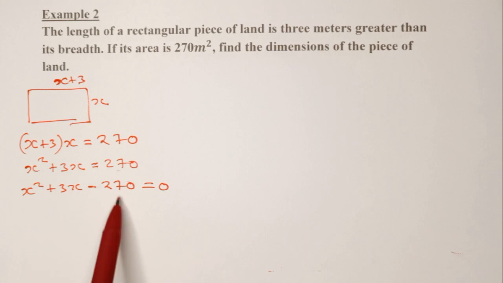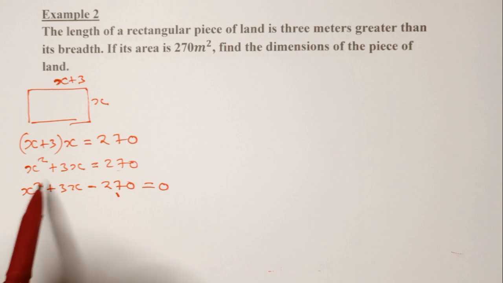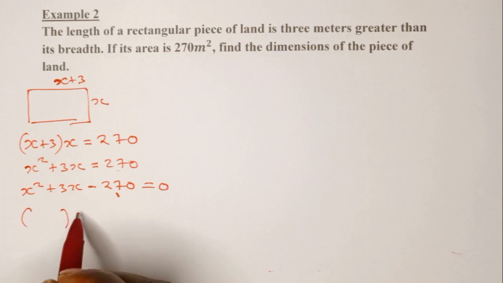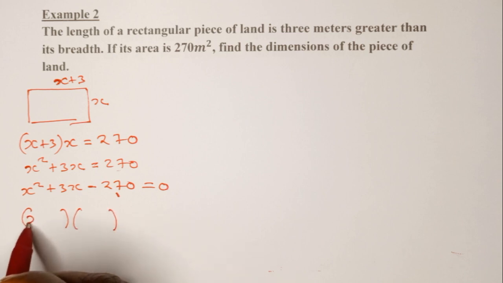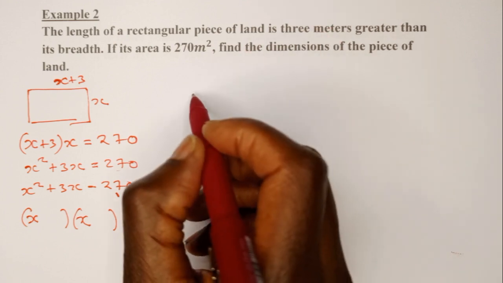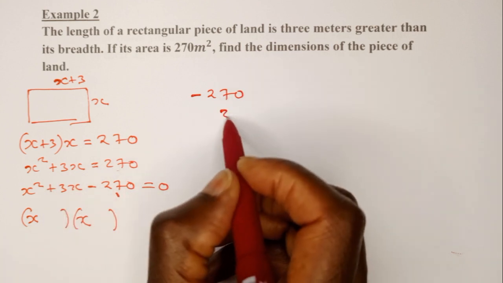Then now you can factorize this expression, then you equate it to 0. So I told you if the coefficient of x squared is 1, just come up with two brackets like this, then start with x, then look for two numbers that when you multiply them you get negative 270, and when you add you get 3.